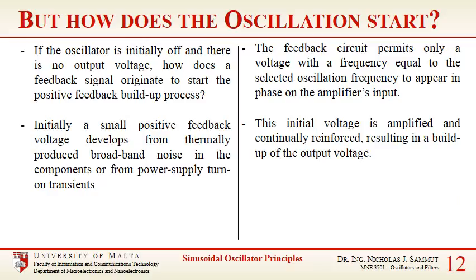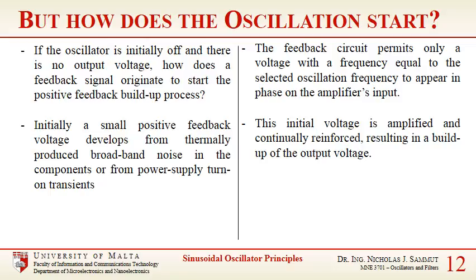You might ask, however, how does the oscillation actually start? Well, if the oscillator is initially off and there is no output voltage, it starts through thermally produced broadband noise in the components or from power supply turn-on transients. So basically it happens normally because of noise.